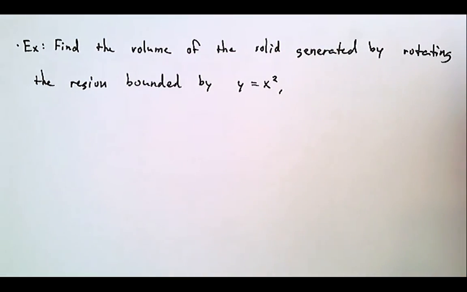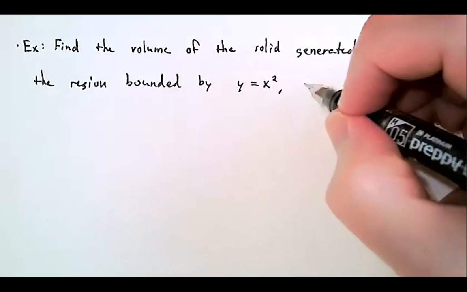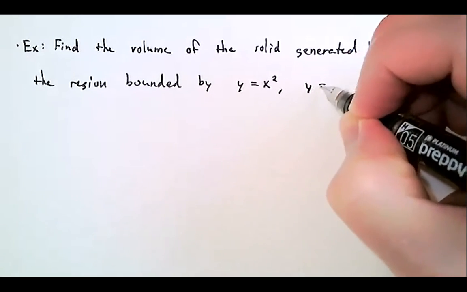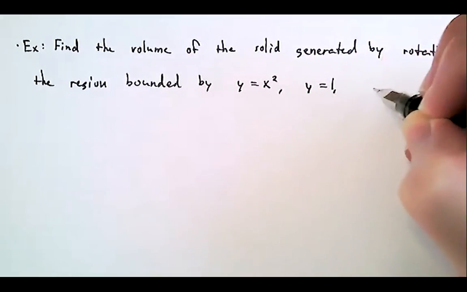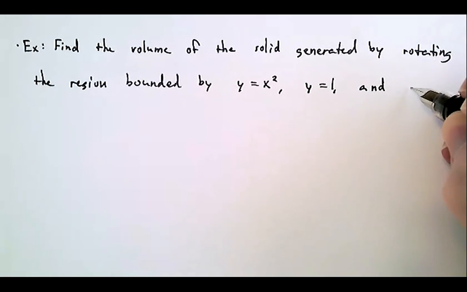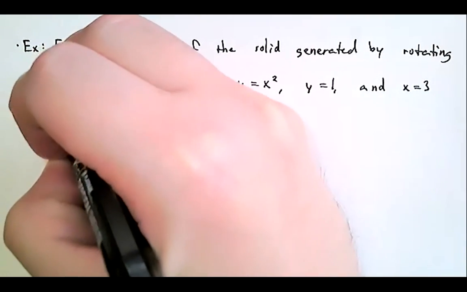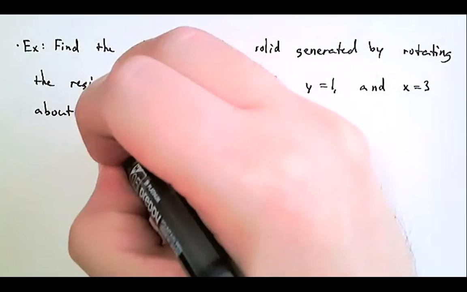But now instead of the simple bounds from before, we're going to look at the line y equals 1 and x equals 3. And we're rotating about the line y equals 1.